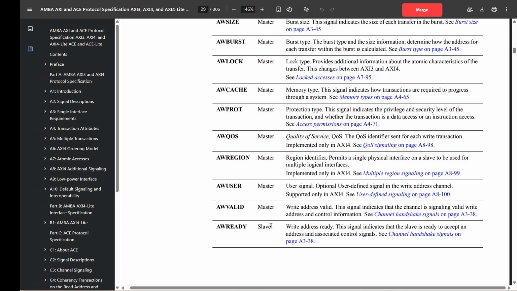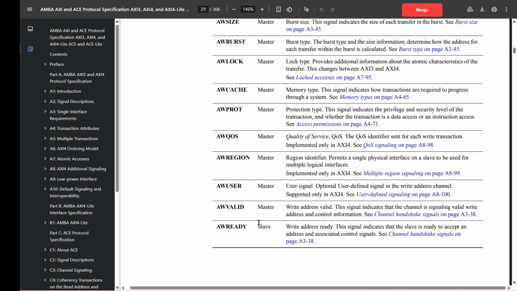But friends, what is the importance of this ready signal? This signal indicates that the slave is ready to accept an address and associated control signals. That means if this signal is 1, the slave is ready to accept the address and associated control signals. But if this AW ready is 0, the slave is not ready to accept any of this.